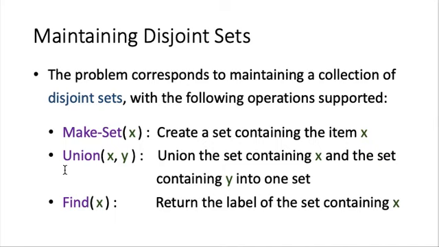And then we want to support the union operation, which takes x and y as the parameters. For the union operation, we will combine the set that contains x and the set that contains y into one bigger set. In this case, we relate this to the creation of an edge joining two existing vertices x and y.